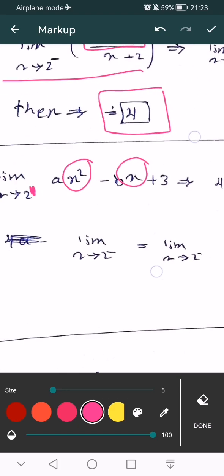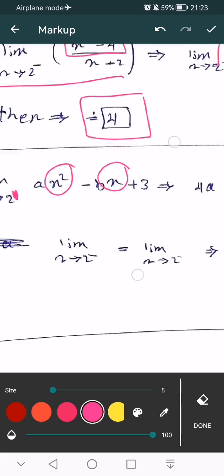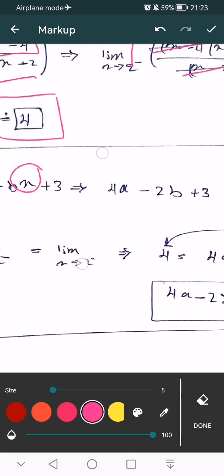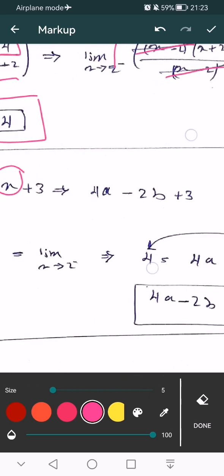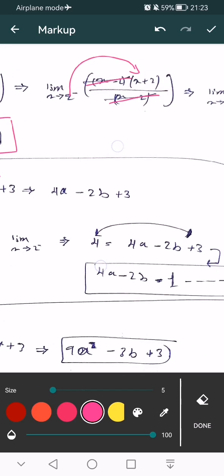Then you will find 4a, because 2 to the power 2 is 4, minus 2b plus 3. Keep it as it is.